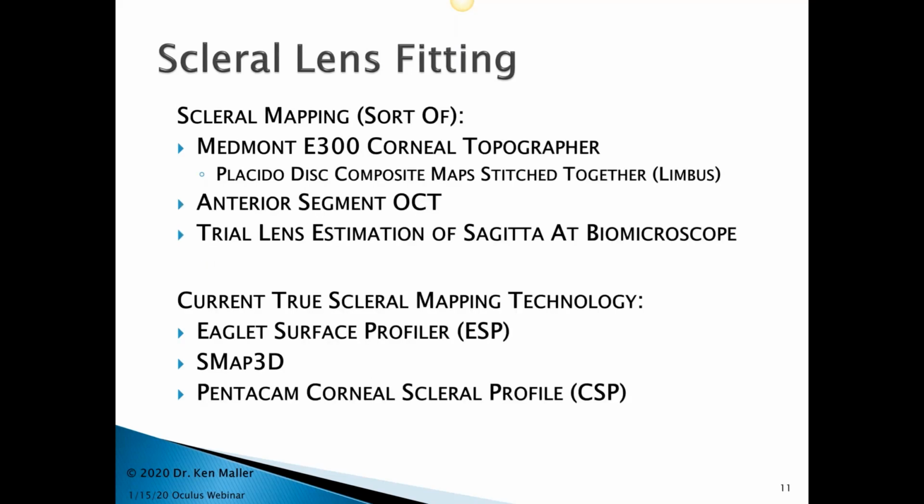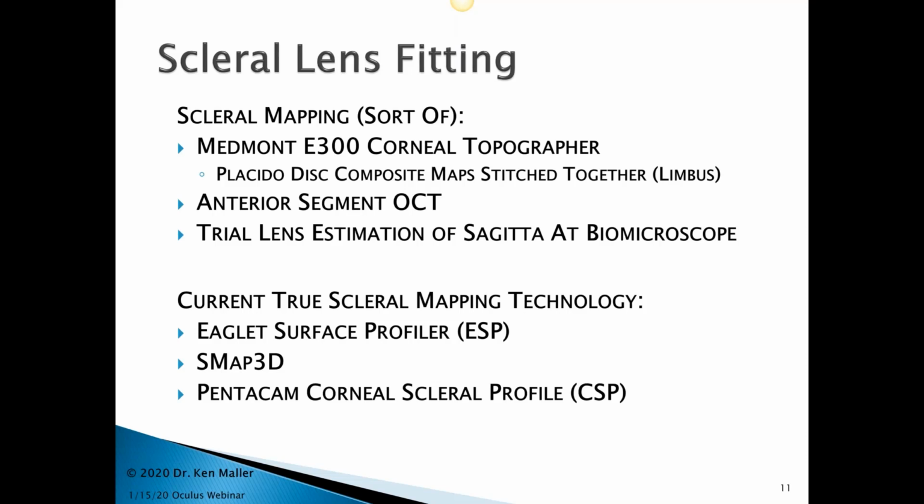Now, in the scleral lens fitting and taking a look at the mapping, we have scleral mapping, and I included these three because it's sort of scleral mapping. It's not real true scleral mapping. The Medmont E300 corneal topographer is a Placido disc-based topographer.